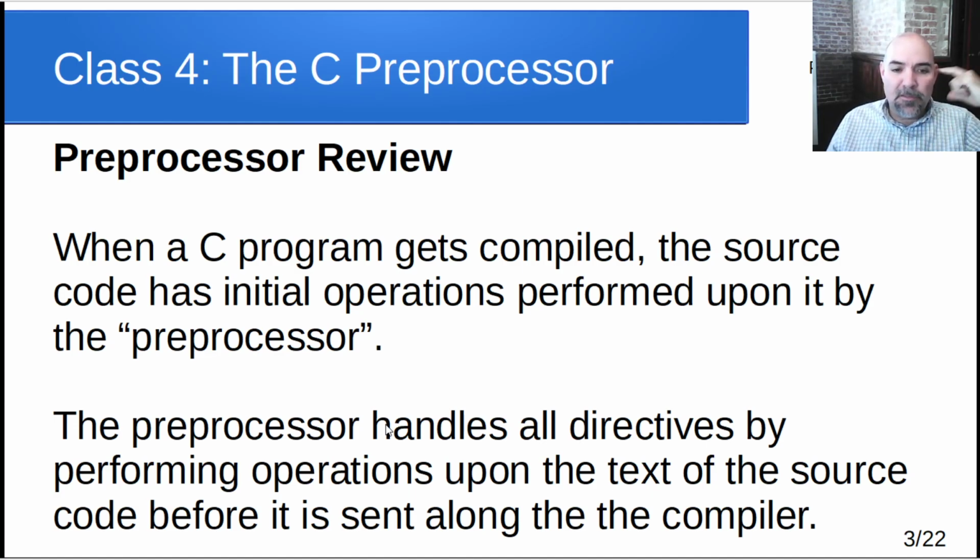So the preprocessor handles all the directives by performing operations on the text of the source code before that goes to the compiler. And that's important. It's like a little text macro processing language in and of itself that's not part of what the C language compiler handles. It's handled in that first stage.